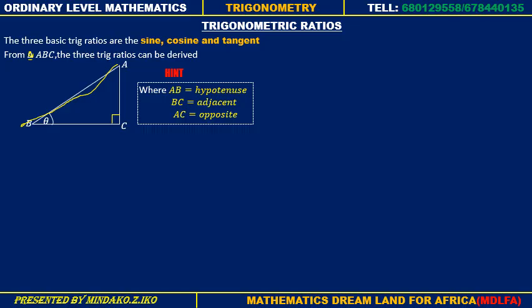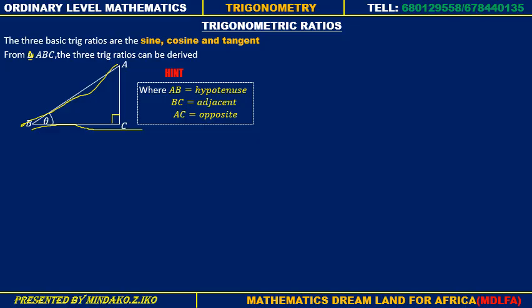And we notice from the hint that BC is the adjacent. Why is BC called adjacent? This is BC here, the length BC is called adjacent because it is adjacent to the angle theta. It is nearby, this is the only length that is nearby the angle theta, and that is why it is called adjacent.